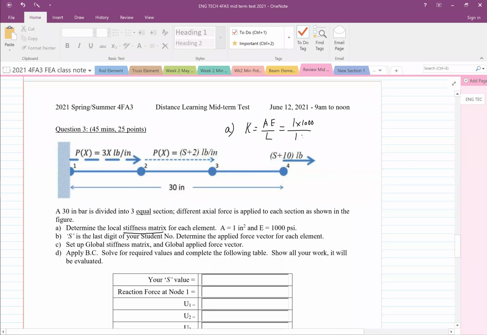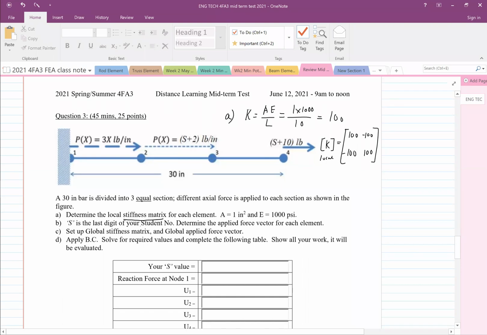So each element is only 10 inch. The K will be 100. Okay, so the K local will be K.